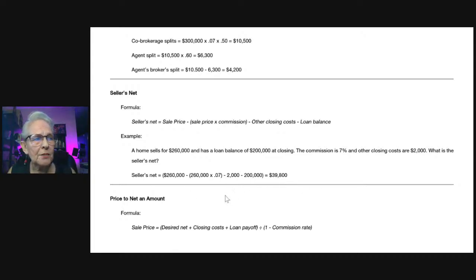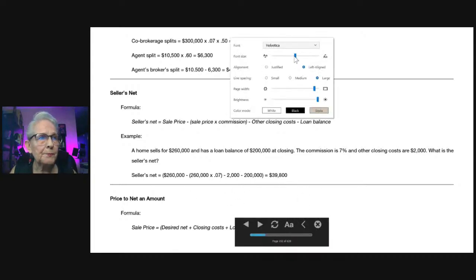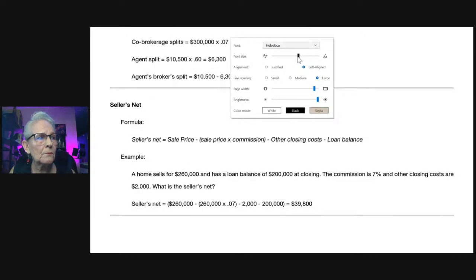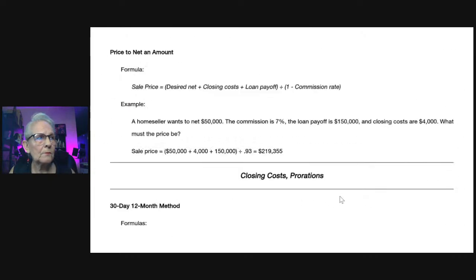So, price to net amount. The formula: sell price equals the desired net. What is it that they want to net?